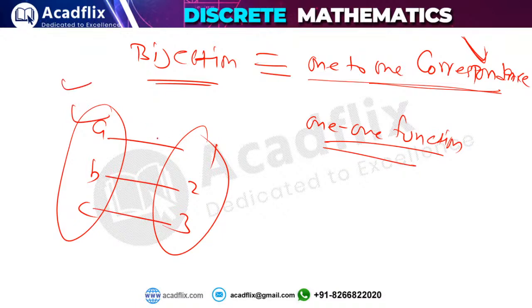For example, if this is a set of males and this is a set of females, then maybe this is the husband of A, this is the husband of B, and this is the husband of C. Or, if these are election centers 1, 2 and 3, then A is the superintendent of center 1, B is the invigilator of center 2, and C is the invigilator of center 3. This is how you can see one-to-one correspondence.